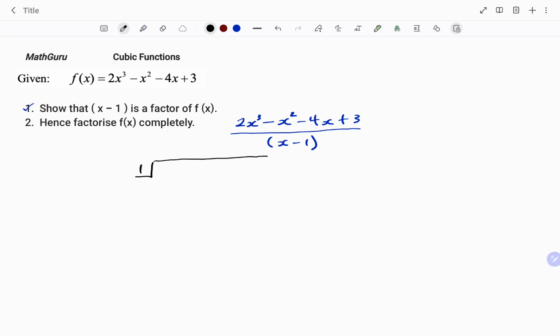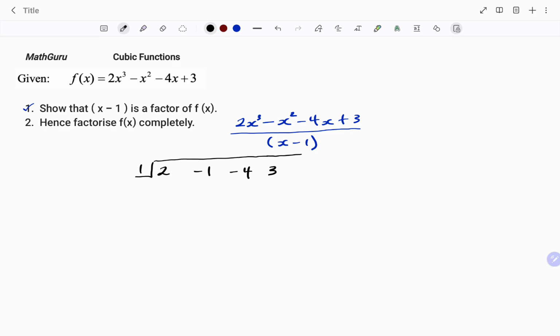I'm going to write out the coefficients of my cubic function, which is 2, negative 1, negative 4, and positive 3. So I'm dividing by 1 because if I equate x minus 1 to 0, I'm going to have x equals 1.